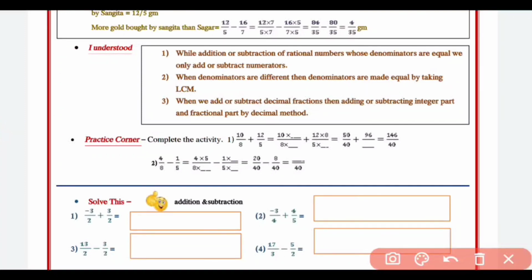And when we add or subtract decimal fractions, then we add and subtract the integer part and fractional part by the decimal method. So when we solve the sums from practice corner, you all will get to know about this. So let us solve these sums from practice corner in our notebook first.